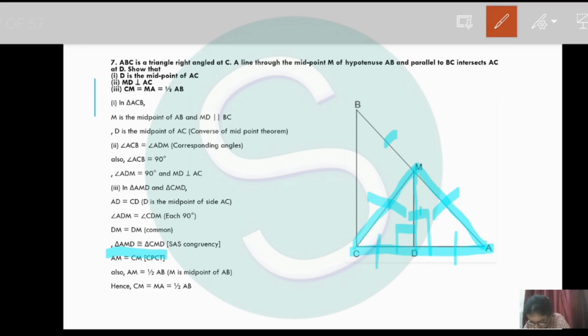Now we have to prove that AM is equal to CM. We proved it by CPCT. We have to prove that this is half of AB. Since M is the midpoint of AB, AM is half of AB. Since AM equals CM, both of them are equal to half of AB. This is what we were supposed to prove.